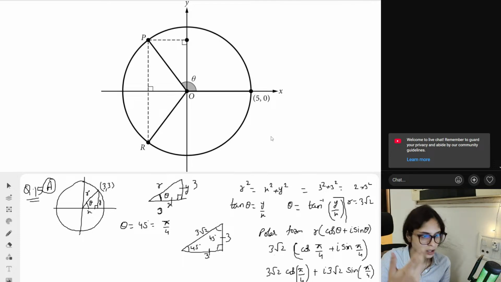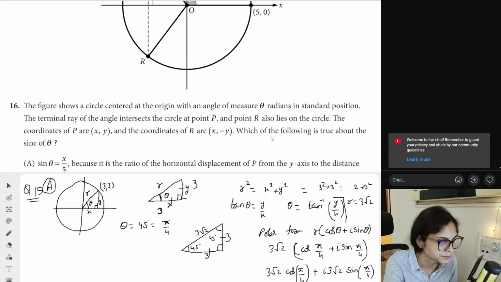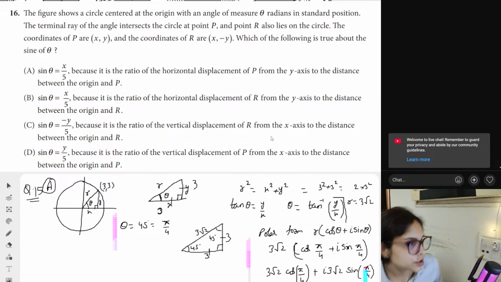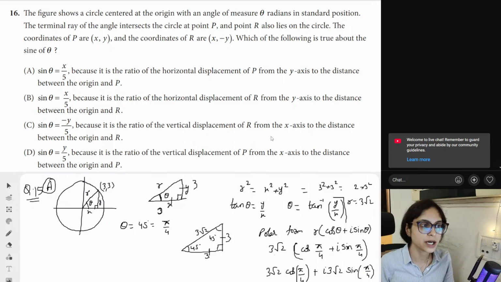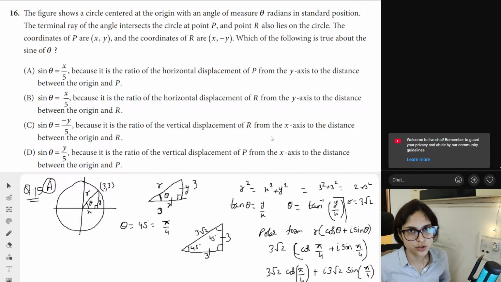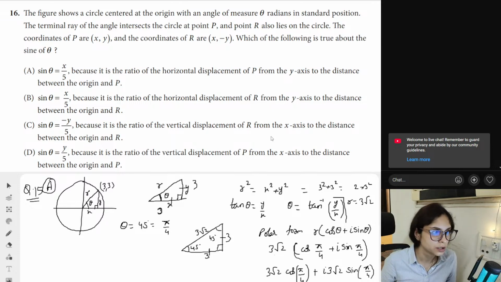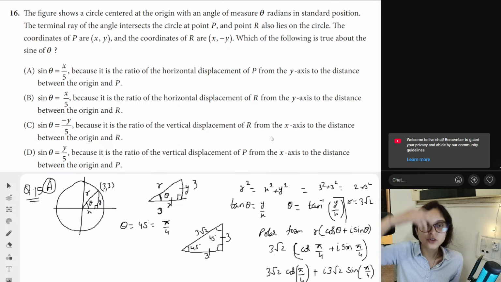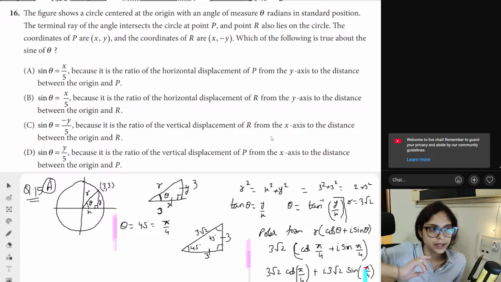You have 2 points P and R. The figure shows a circle centered at the origin with an angle of measure theta radians in standard position, theta in the second quadrant. The terminal ray of the angle intersects the circle at point P, and point R also lies on the circle. Coordinates of P are x, comma y, and coordinates of R are x, comma negative y, because it is reflected in the x-axis.